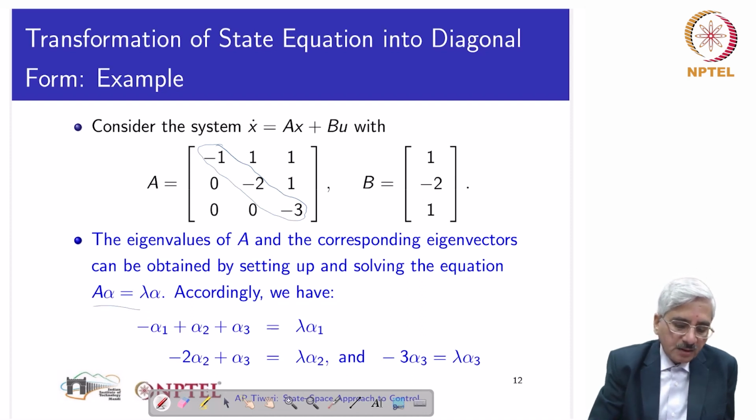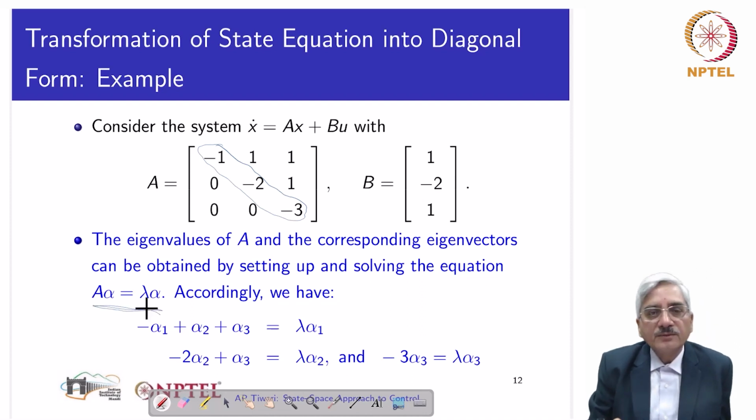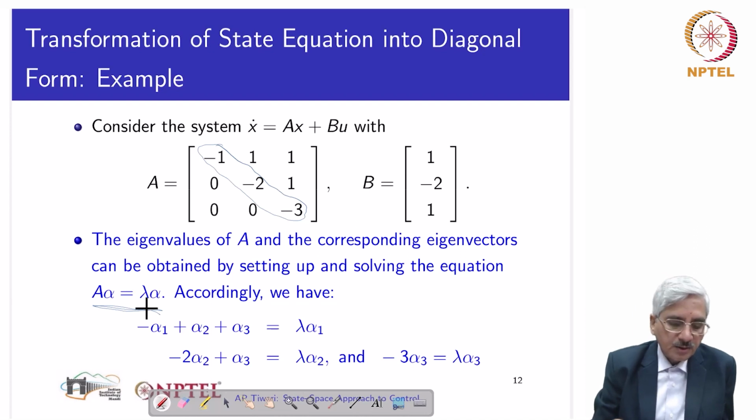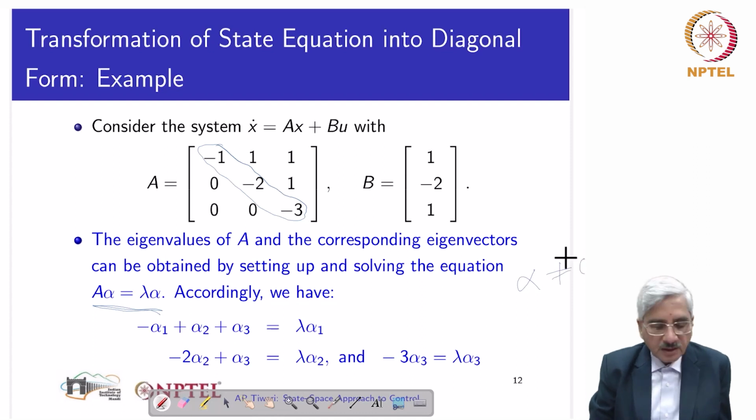We set up this eigenvalue equation A alpha equal to lambda alpha, where alpha not equal to 0 is to be obtained for each of the eigenvalues lambda 1, lambda 2 and lambda 3.